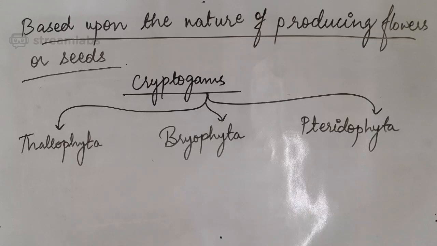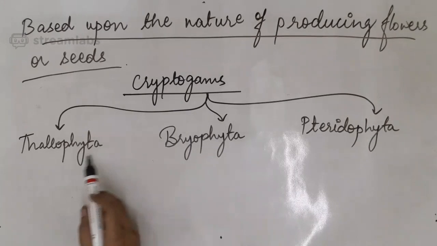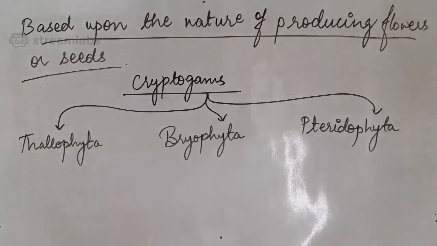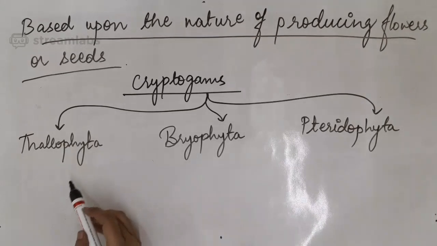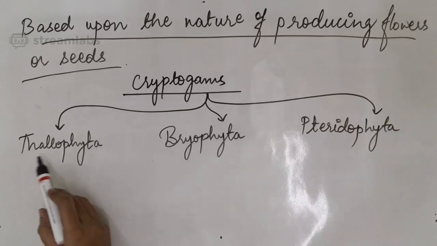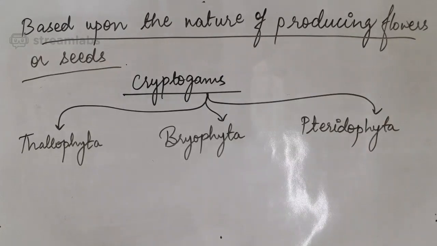Thallophyta plants are microscopic and the body is not clearly divided into root, stem or leaves. Okay, thallophytes means a thallus-like structure.